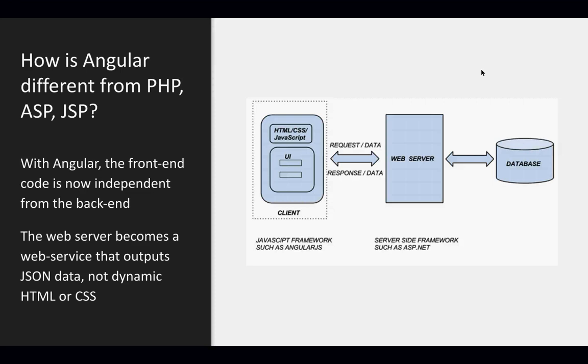The idea from the very start of AngularJS was that all things HTML, CSS, JavaScript should just run in the browser and not be generated by the backend. That was a big switch in how we think about web apps, right? Before that, it was all server-side, and now it's going to be mostly client-side, and our server becomes a web service that gives us data to display.